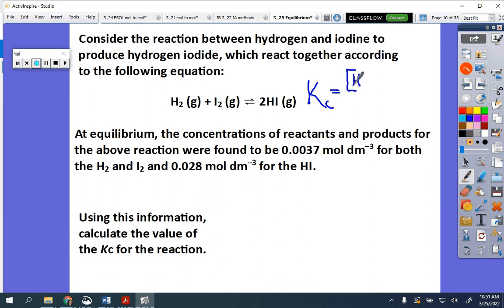We only have one product, that's our HI, and we're going to raise that to the power of the coefficient. And we're going to put that over the concentration of our reactants. So the concentration of H2 raised to the first power times the concentration of I2 raised to the first power, which is just itself, right?